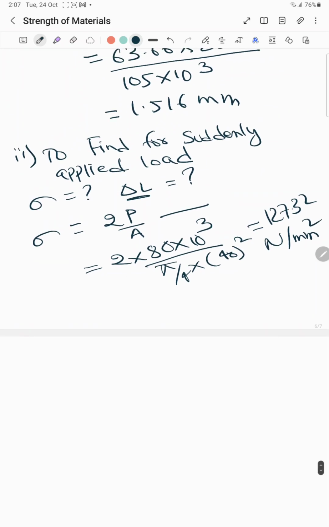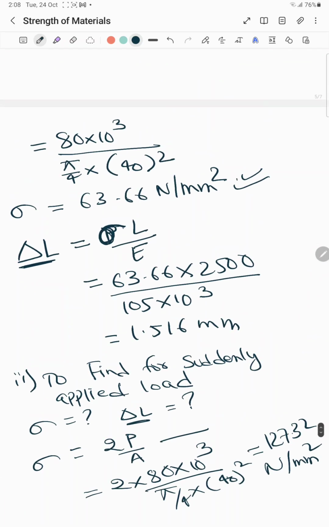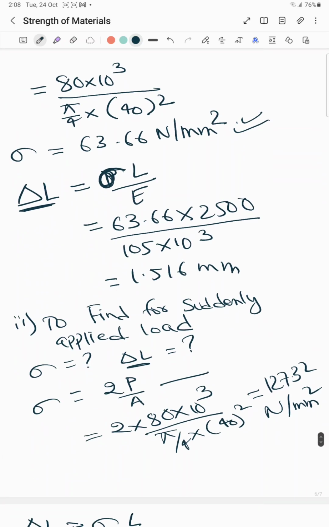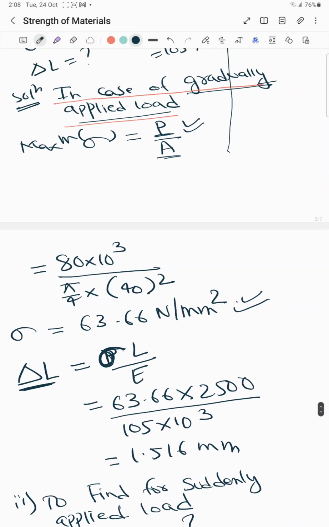Now we need to find delta L equal to sigma L by E. Sigma is 127.32, L is 2500, upon E, which is 105 into 10 to the power 3. So it will come around 3.03 mm. Here you can see that the stress in case of the suddenly applied load is 127.32, and in case of the gradually applied load it's 63.66.